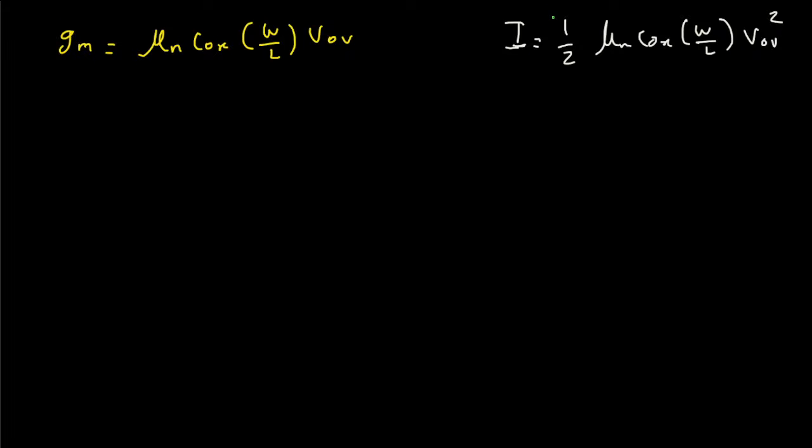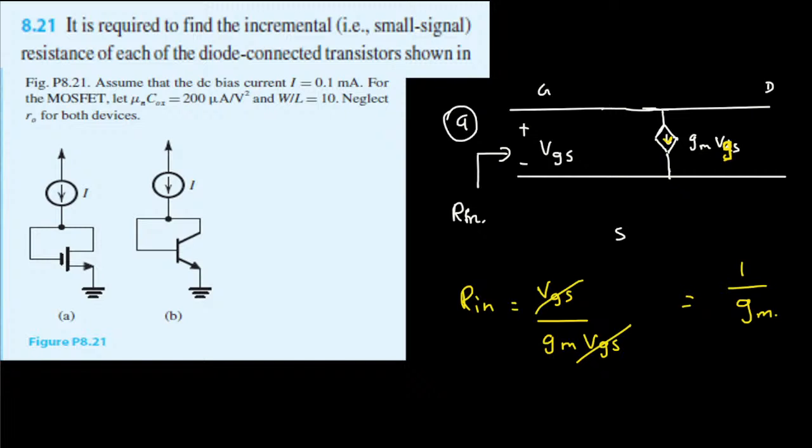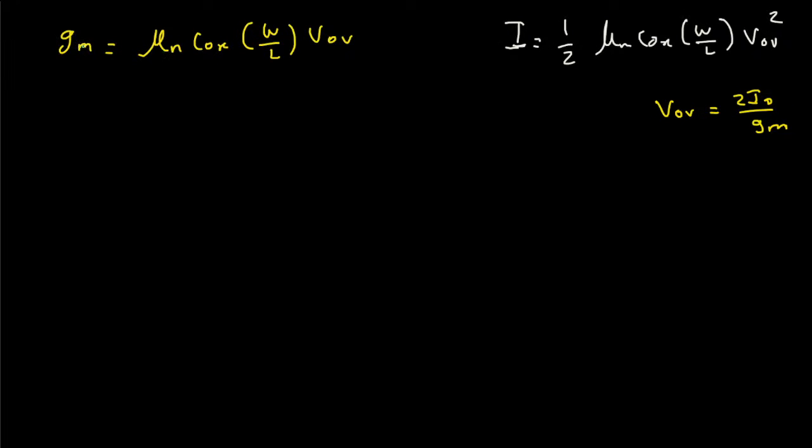Or you can use another equation, that is the overdrive voltage is also equivalent to 2ID over gm. If you do that, this equation becomes just one unknown variable, because ID is already provided in the question. We bring gm to the other side, so it's only one unknown variable and we can solve it.